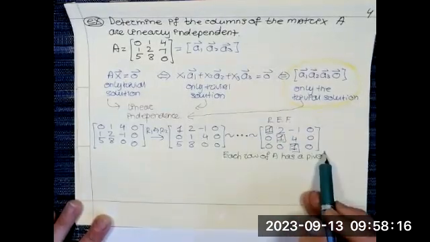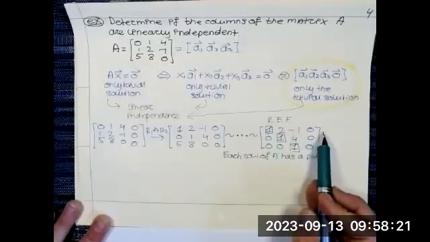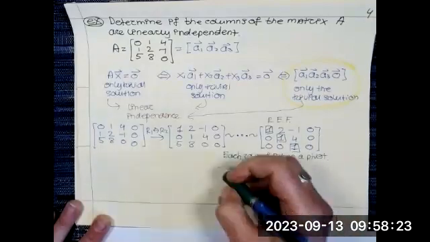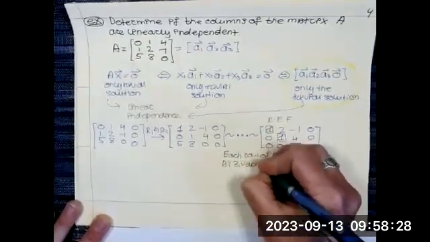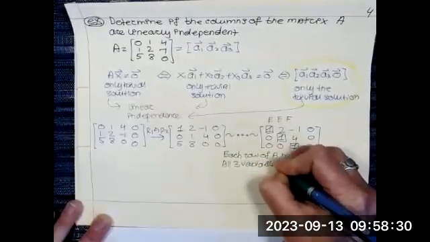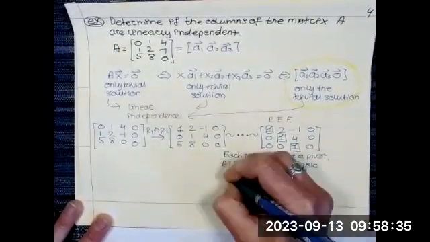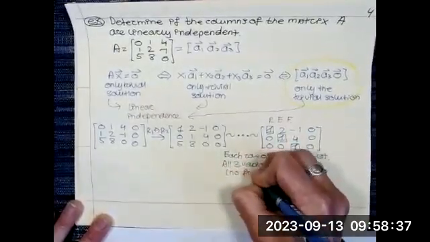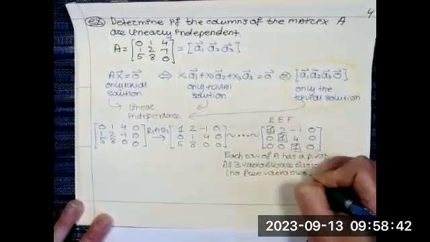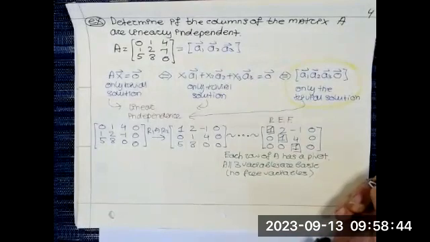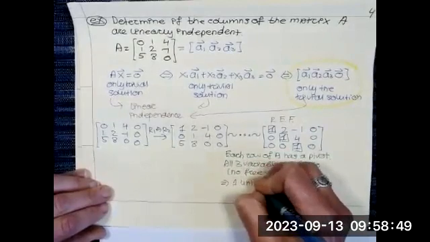Well, that means that I can solve for x3 uniquely, I can solve for x2 uniquely, and I can solve for x1 uniquely. So all three variables are basic. I have no free variables. And if I have no free variables, that means that I have one unique solution.